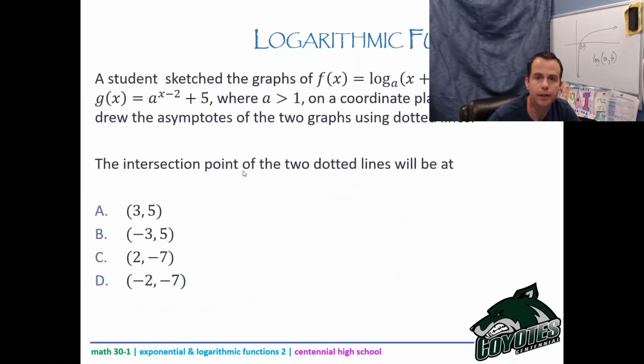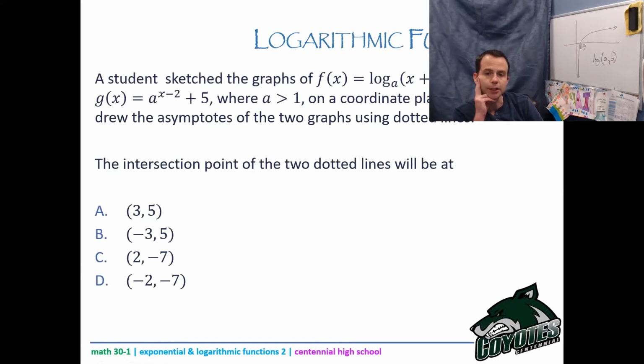Okay, and then the last question here: a student sketched the graphs of f of x equals log base a of x plus 3 minus 7, and g of x equals a to the x minus 2 plus 5, where a is greater than 1, on a coordinate plane. She also drew in the asymptotes of the two graphs using dotted lines.